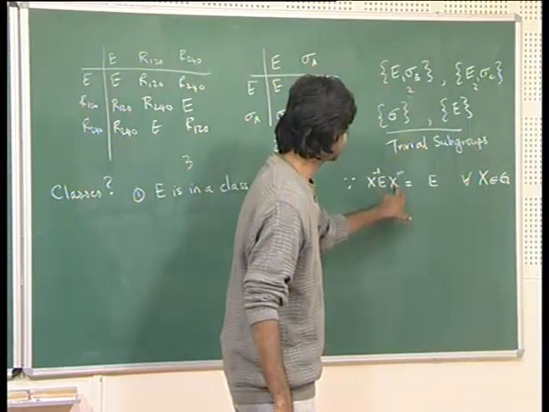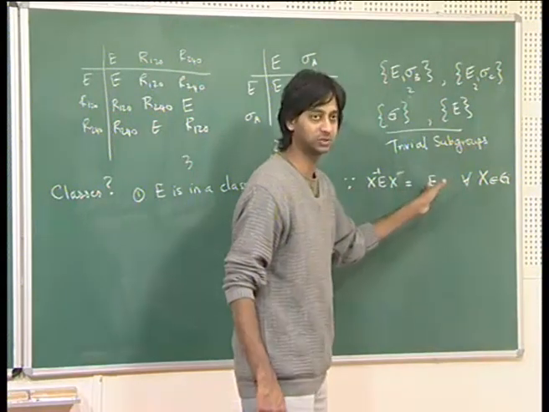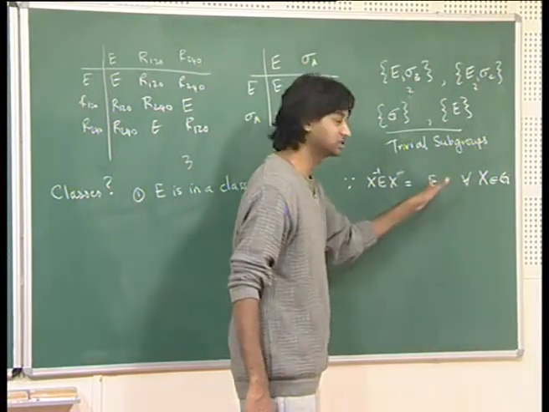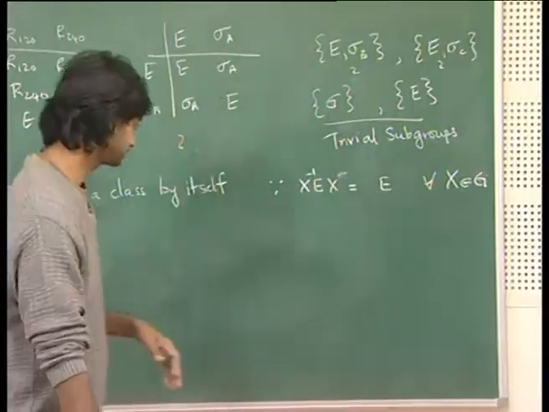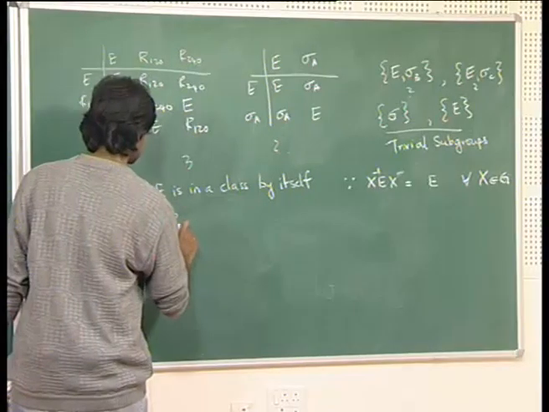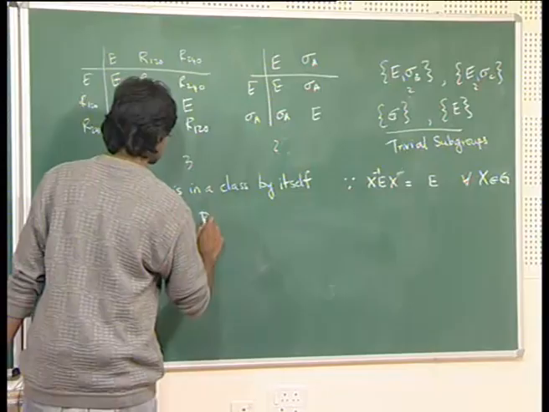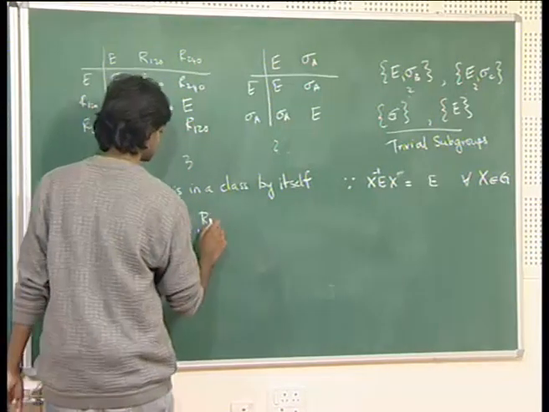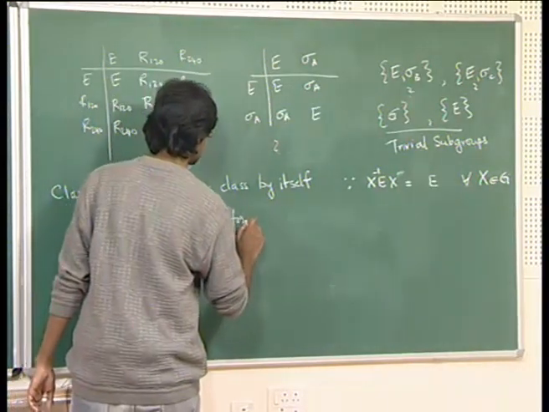So, x inverse E x is always equal to E. So, the only element that is conjugate to E is E itself. Okay. So, R 120, R 240 form a class.